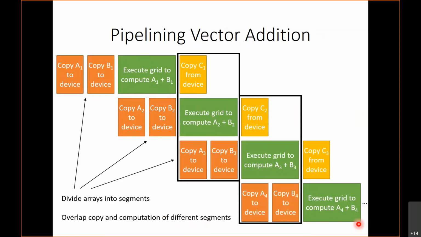How many grids can we execute at the same time on the GPU? It depends on the compute capability, so it depends on the architecture. For example, if it's small enough, can I start copying my data and executing many grids?